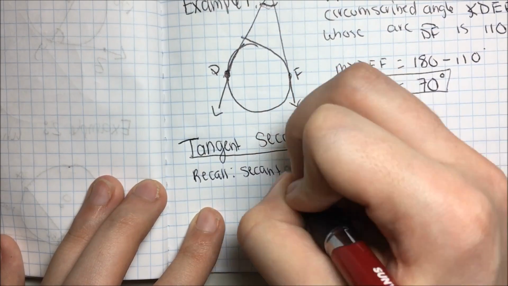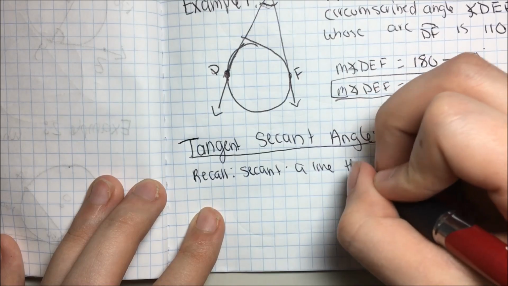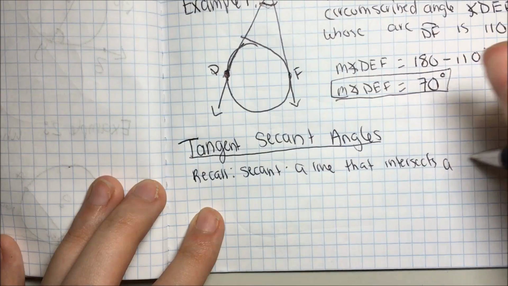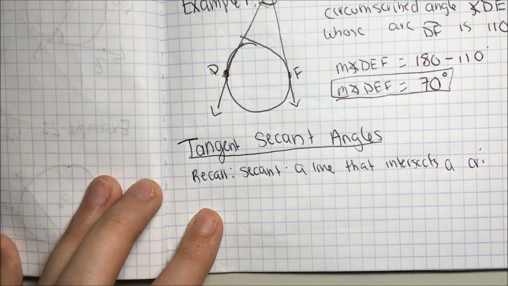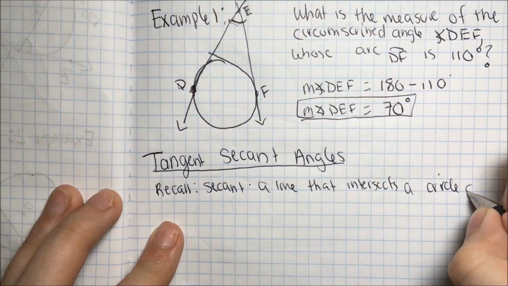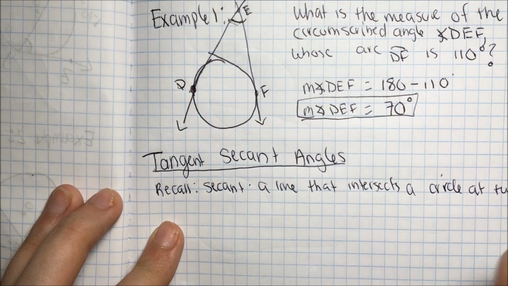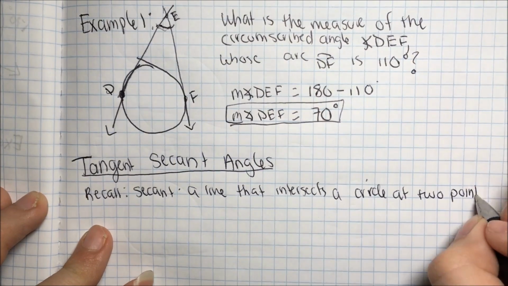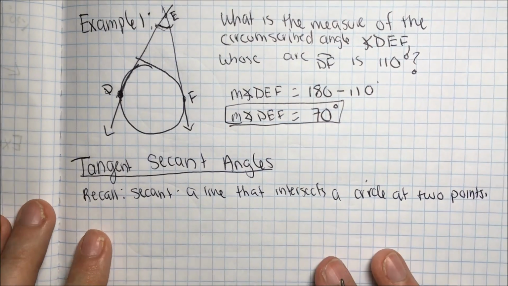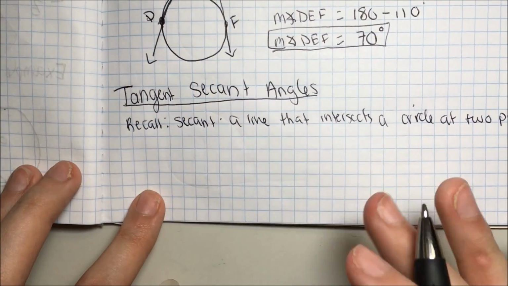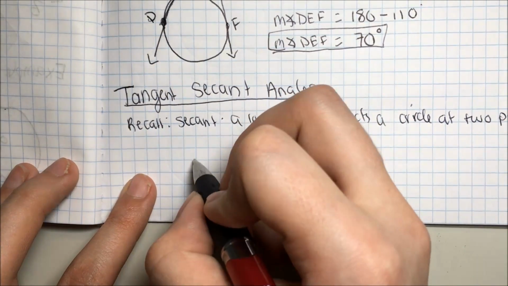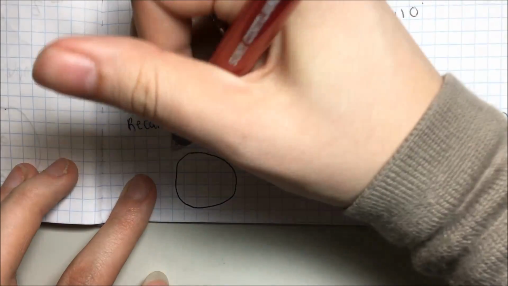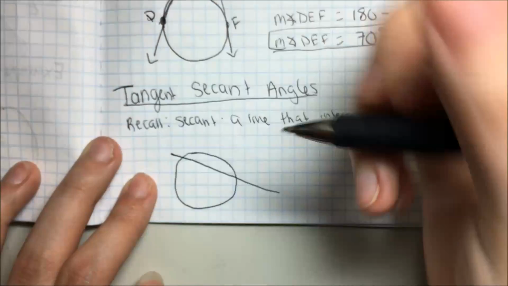A secant is a line that intersects a circle at 2 points. So if we have a circle here and we want to draw in our secant, it hits that circle at 2 points.